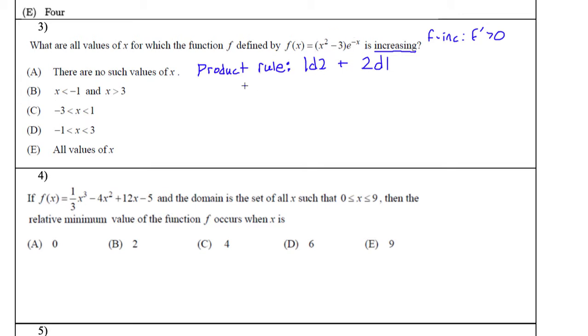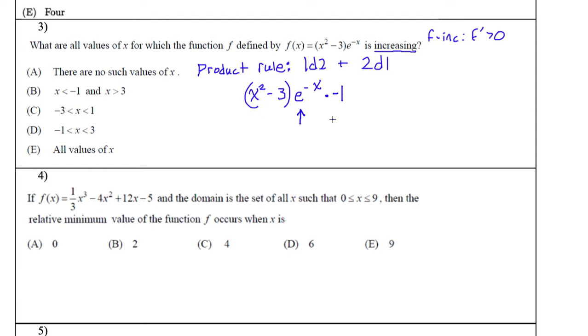So if I'm saying 1, it's going to be x squared minus 3. That's going to be times d2, the derivative of 2, the derivative of e house. Well, the derivative of e house is just e house, so e to the negative x. That's the doubter. But now we have to do dinner. So here's our inner. If I take the derivative of negative x, I just get -1. So dinner is -1, so times -1.